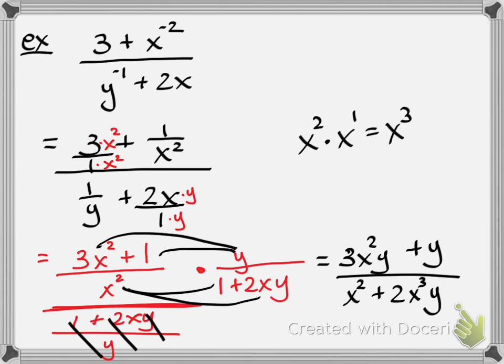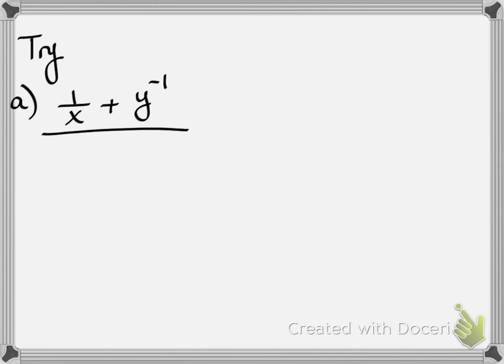Okay, I'm going to give you 2 to try like this, and that'll be it for today. You can try these for homework. Let's see, let's do 1 over x plus y to the negative 1 over x squared minus y to the negative 2.